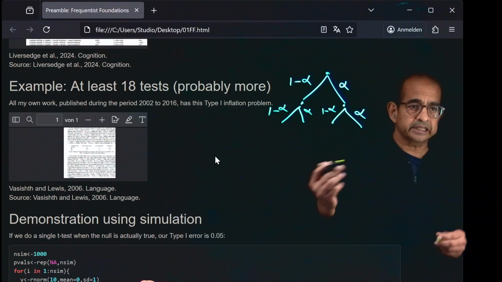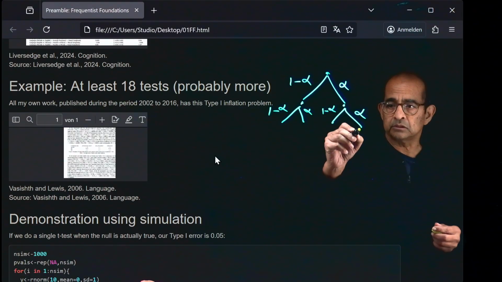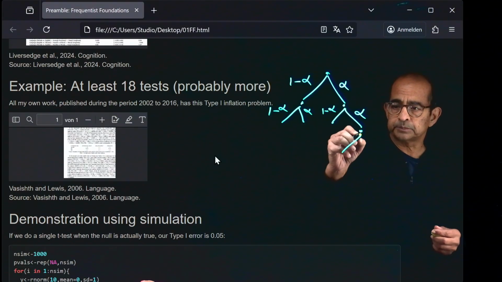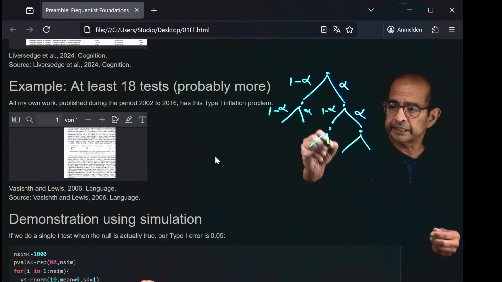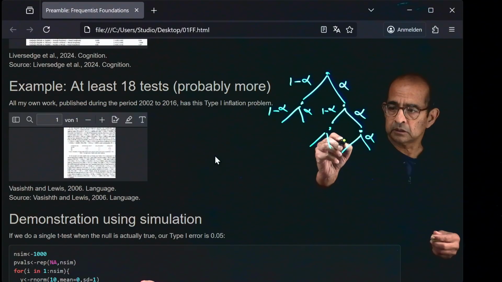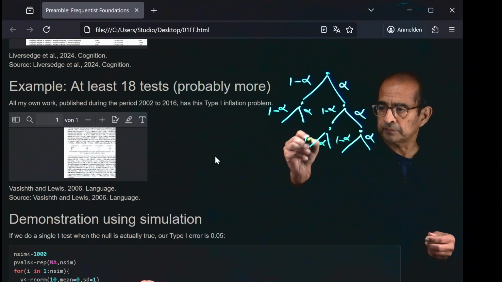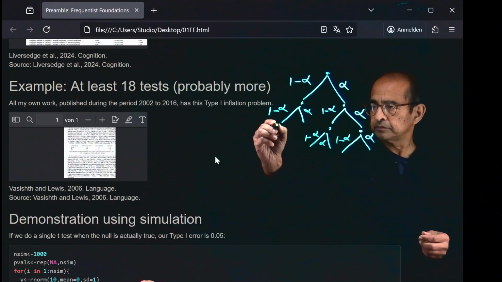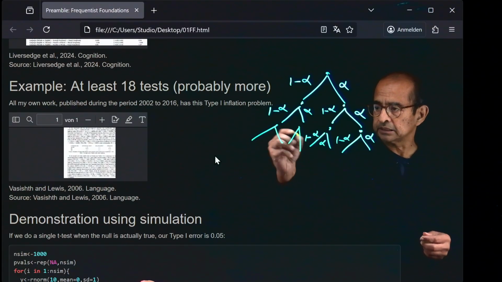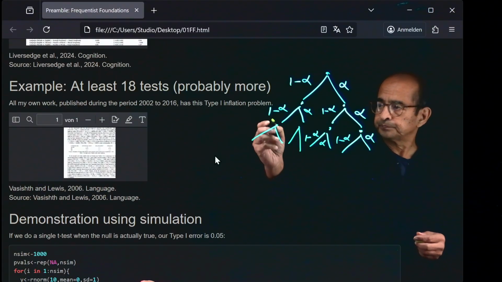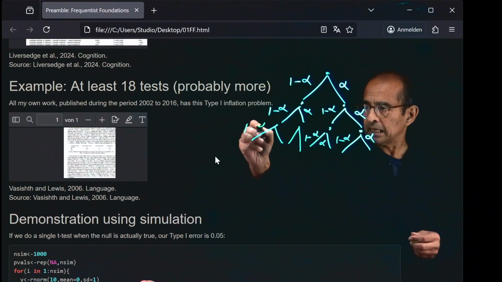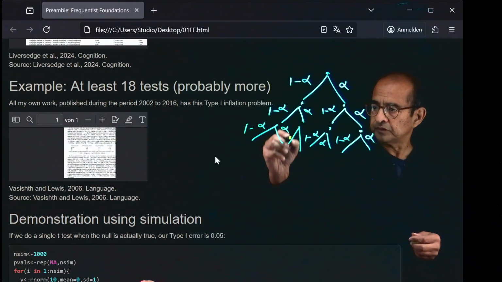Let's say I carry out a third test now. So again, the probability space explodes again. I've got alpha, 1 minus alpha here, 1 minus alpha here, and similarly, same situation here. So 1 minus alpha, alpha, and I'm running out of space here, but let's do it like this, 1 minus alpha and alpha.